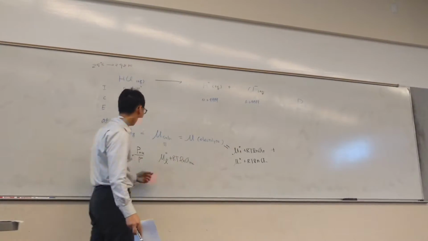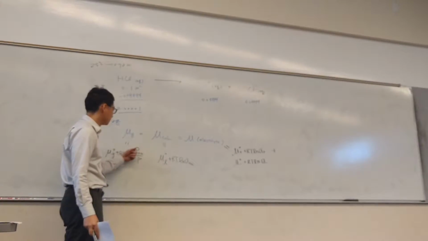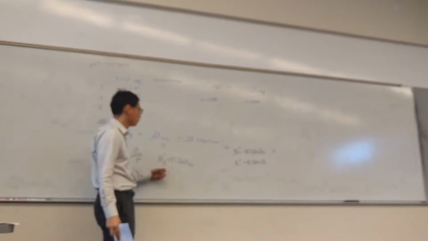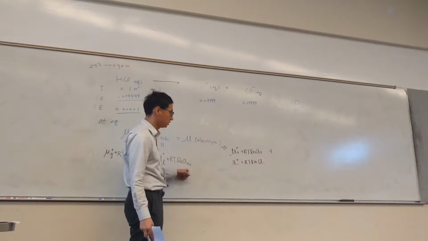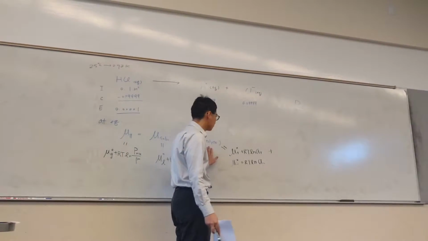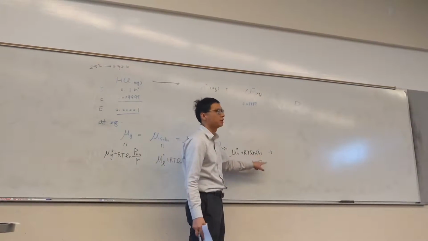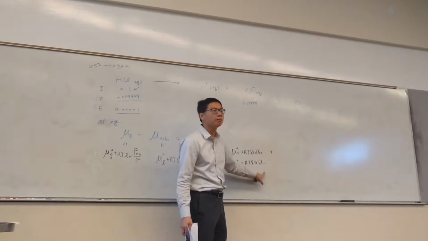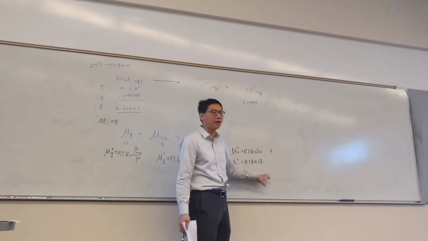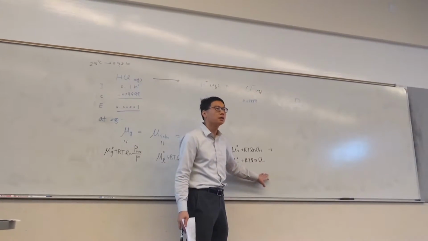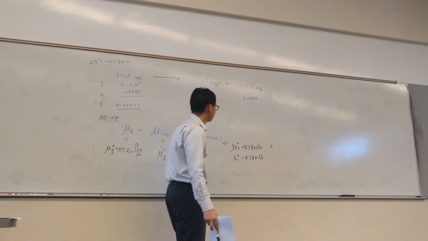For the gas phase, it's P over P naught. For the solution phase, we use activity, that's why we write a_HCl here. For your ionic conditions, we separate the plus and minus here. But you can see the general form is still mu equals mu naught plus RT ln a. So this is always true.